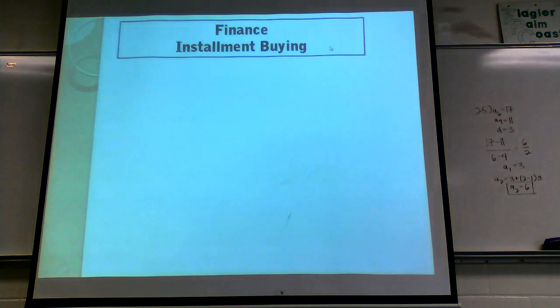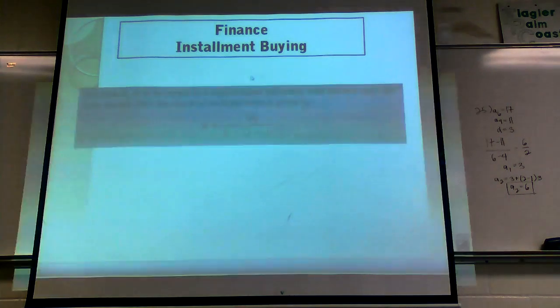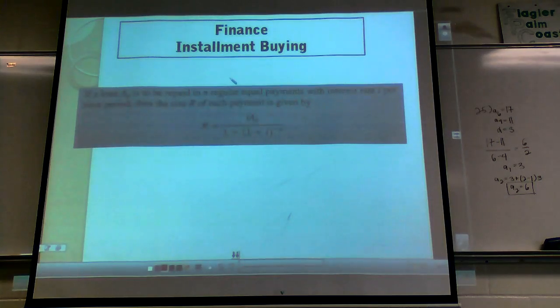The second thing is to look for this one. This is on page 850 and 851. Now there are 2 formulas there, but they're both the same. They're just rewritten. This one, that's on page 851, even says installment buying on it.